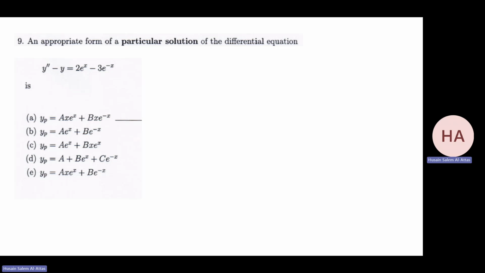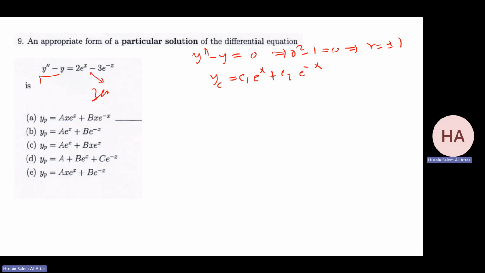In appropriate form, okay, we'll find the zeros from here. So I have r squared minus 1. So r equals plus or minus 1. So yc, I need yc in this case. The zeros are 1 and minus 1, same.